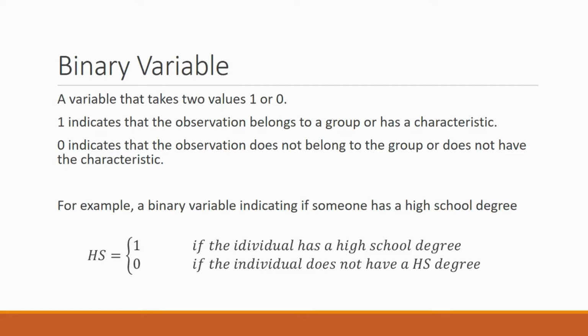We've used in the past a gender dummy variable, and we called it female. It equaled 1 if they were female and 0 if they were male. So that's the logic. We give it the name that corresponds to whatever the 1 would be. Okay, so here we go, binary variable.